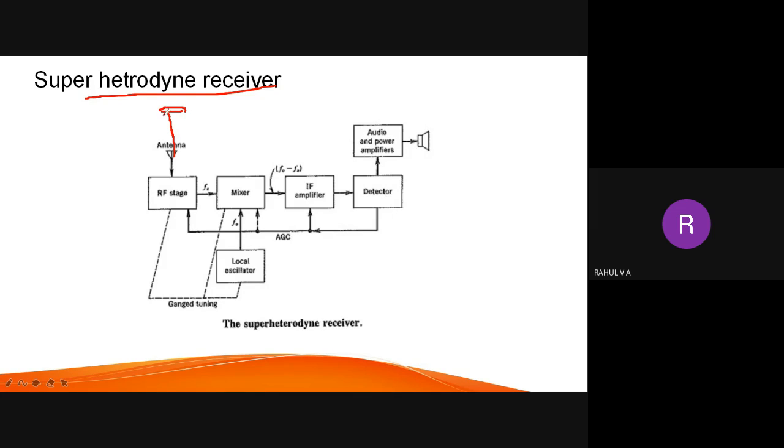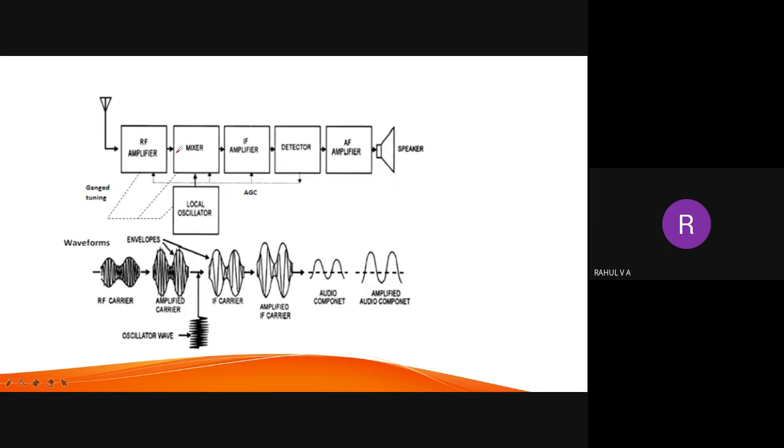The antenna will capture all the radio frequency signal and it will be given to an RF stage, the radio frequency stage. Let us look at the block diagram. The antenna captures all the radio frequency signals and gives them to the RF amplifier.